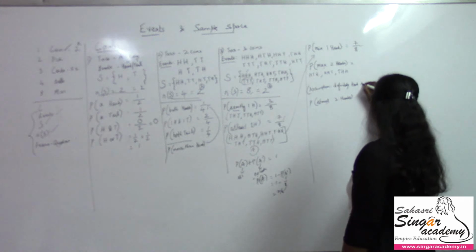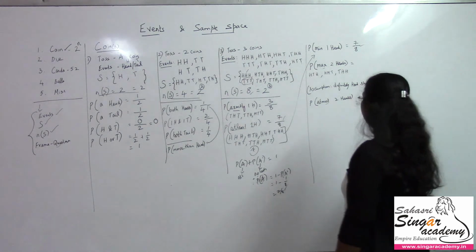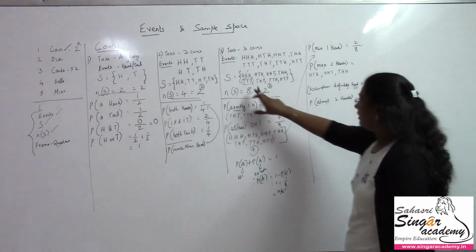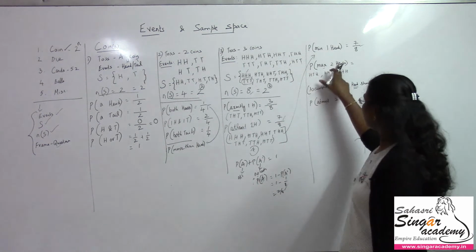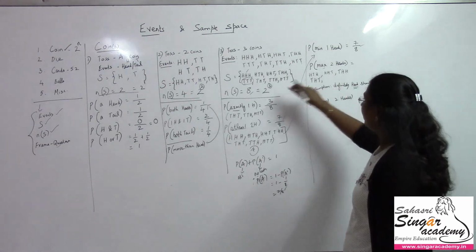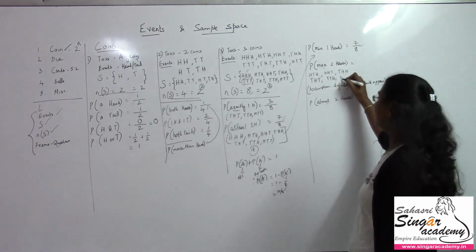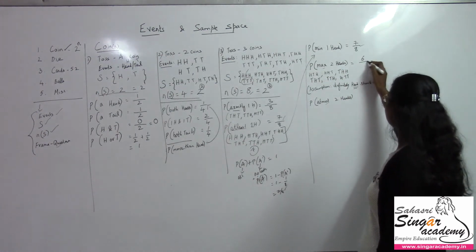Okay, this is a major assumption. So inga ellame tails, so it will not come. If I go for this case, maximum 2 heads na sollirka, so this will come tail, head, tail. When I go for this case, tail, head, yes it comes. This case, head, tail, yes it comes. So there are 1, 2, 3, 4, 5, 6 irukku, 6 by 8.